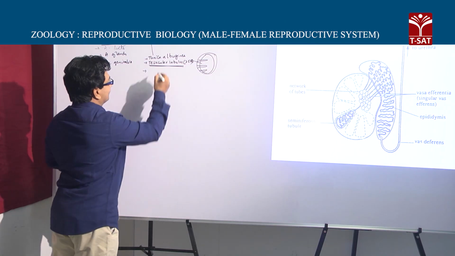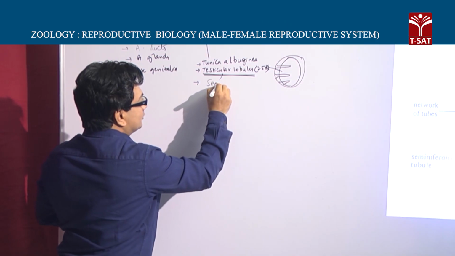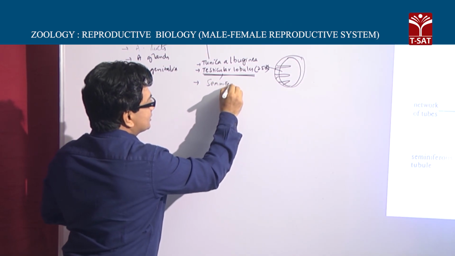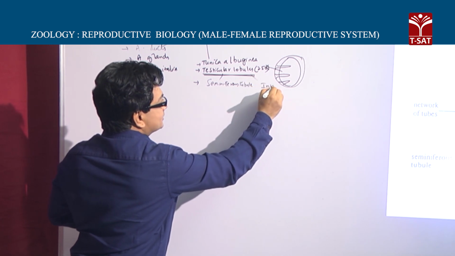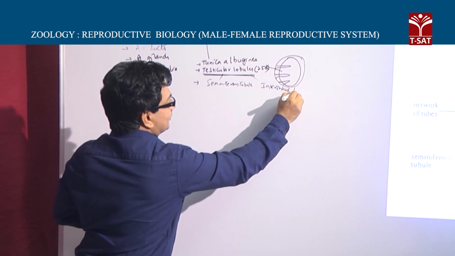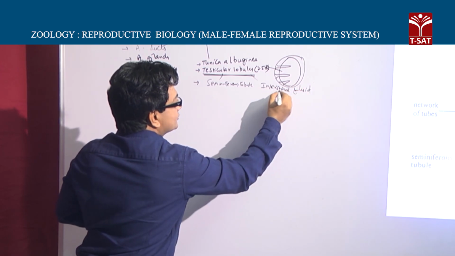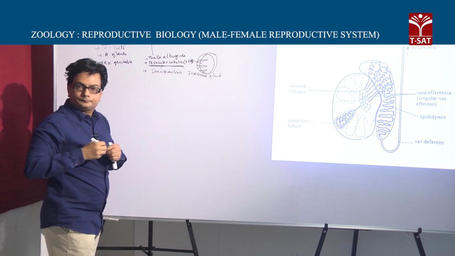So the lobules will have seminiferous tubules, as you can see in the picture, and in between the seminiferous tubules the fluid can be called the interstitial fluid.